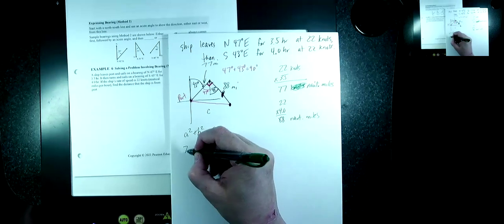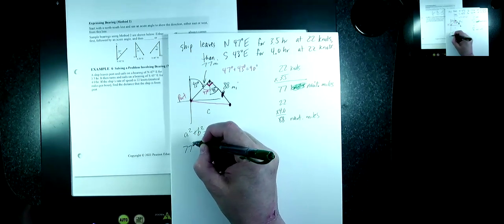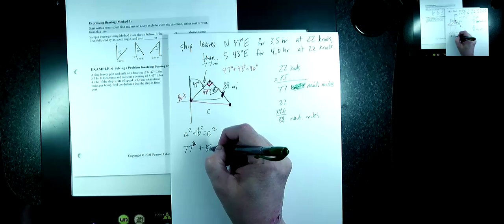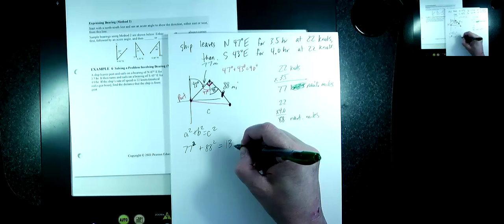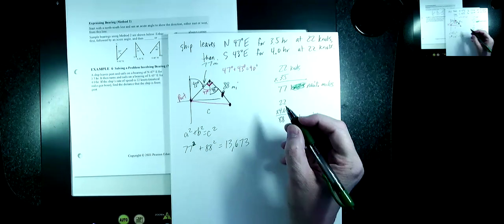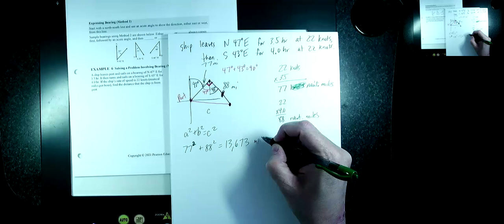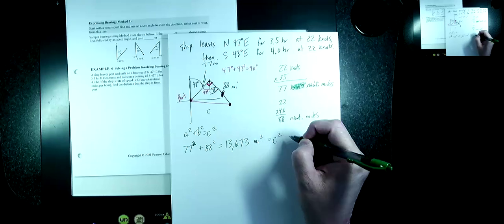So 77 squared plus 88 squared equals 13,673 nautical miles squared. And that's c squared.